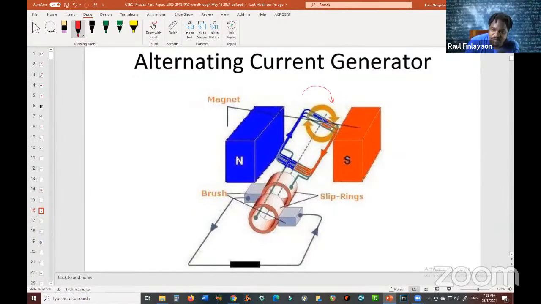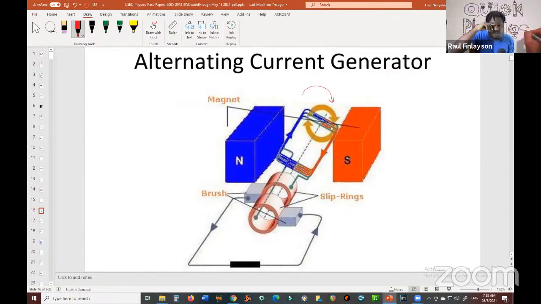And when it does that, it's still going to experience the magnetism, but when it turns halfway, for example, what you see now facing the blue side, if that were to turn upside down, which it will at some point, then it will be facing the south pole.